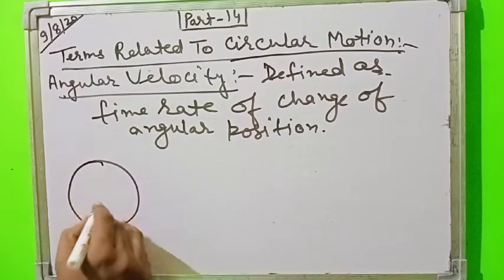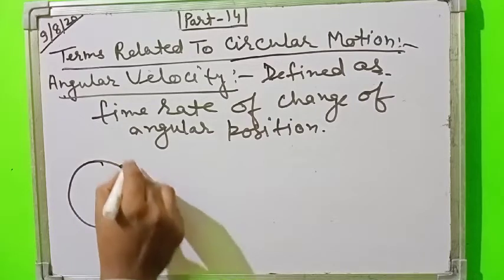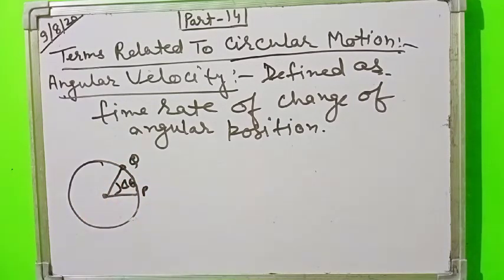Suppose this is circular motion, an object is here and it shifted from point P to point Q, making an angle delta theta. Here the time plays a major role.